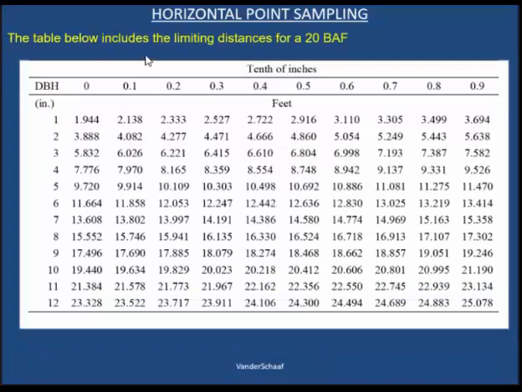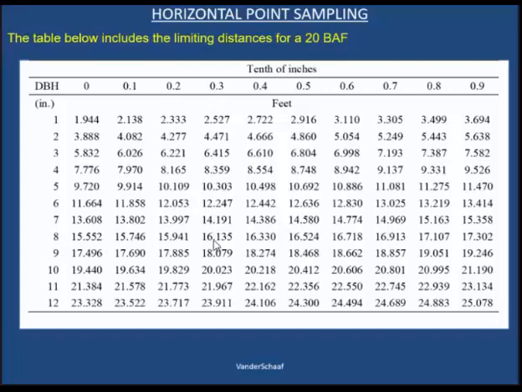So here we have a table including the limiting distances for our 20 BAF. We have our inches in DBH and then our tenths of inches. So 1.0, a 1.1 inch tree, a 1.2 inch tree, a 1.3 inch tree, an 8.0 inch tree, an 8.1 inch tree, an 8.2 inch tree, an 8.3 inch tree.